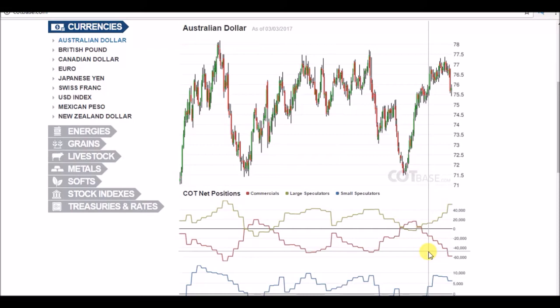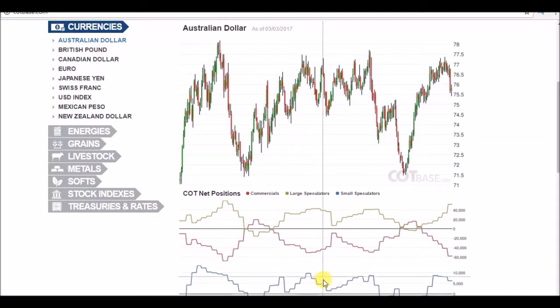So the speculators and the commercials are opposed. We've got nearly 60 positions, minus 60, on the commercials, so they really are looking for a short on the Australian dollar.